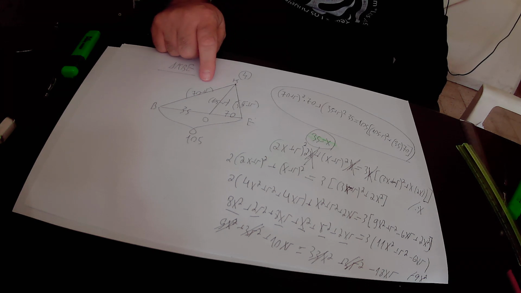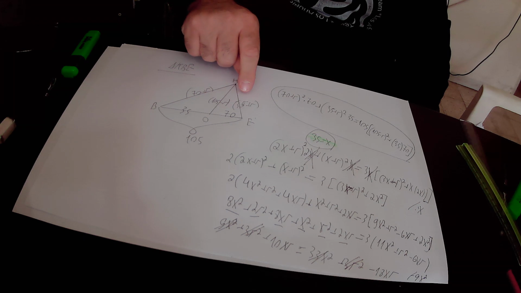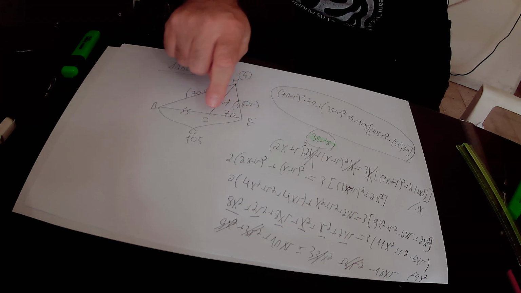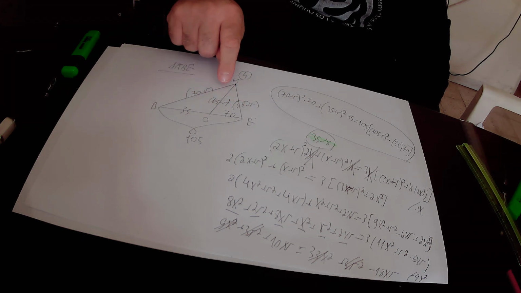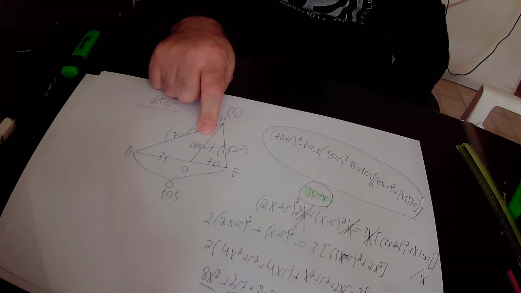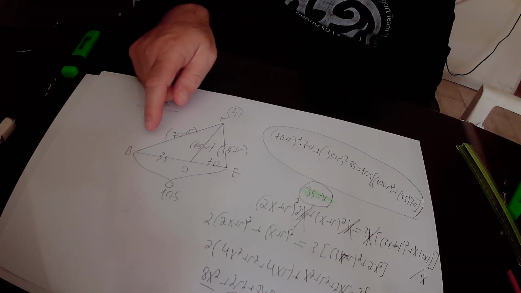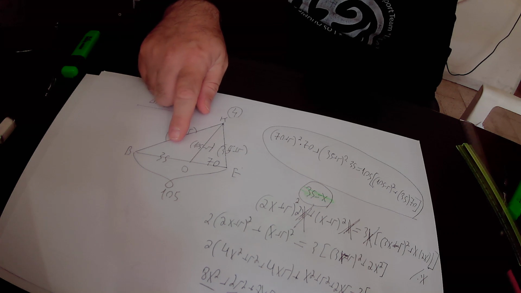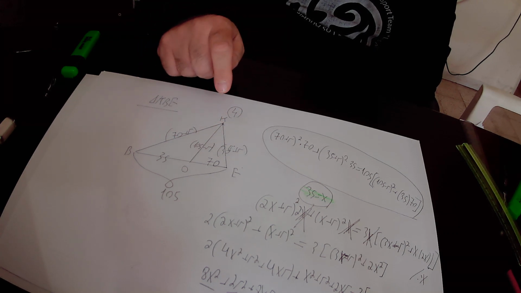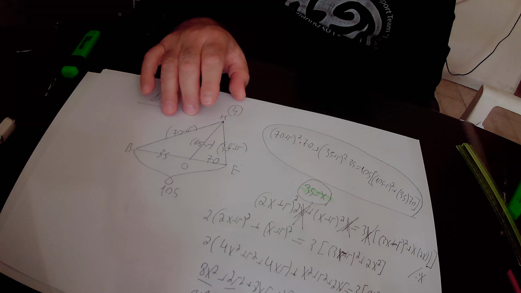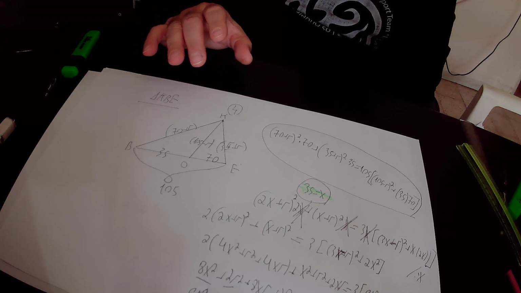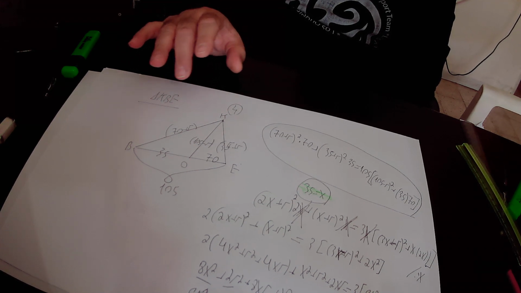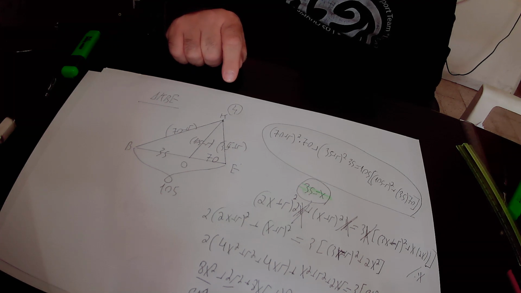KB equals 70 plus R, KE equals 35 plus R, BE equals 105 units, KO equals 105 minus R units, line segment BO equals 35 units, and line segment OE equals 70 units. And we implement Stewart's theorem here. According to Stewart's theorem, the following equation is true.